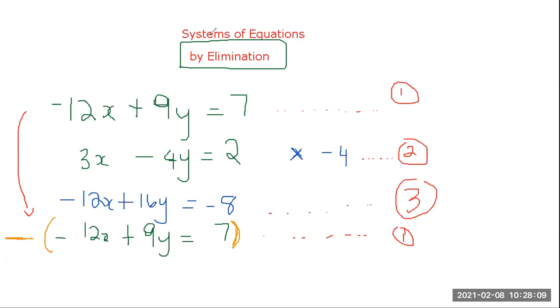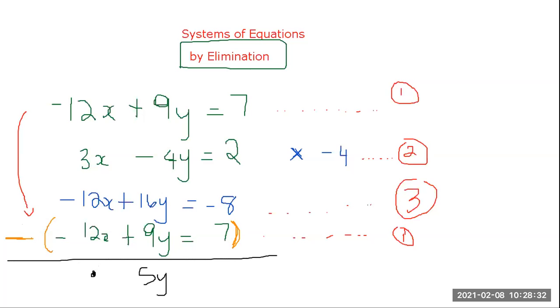I'm going to draw a line. It's like I'm doing this big subtraction problem. So I do negative 12x minus negative 12x, which is 0. I'm just going to put a dot because it's 0, period. And then I have 16y minus a positive 9y, which is a 5y. Is that a 5y?